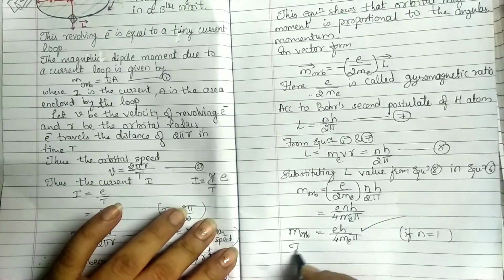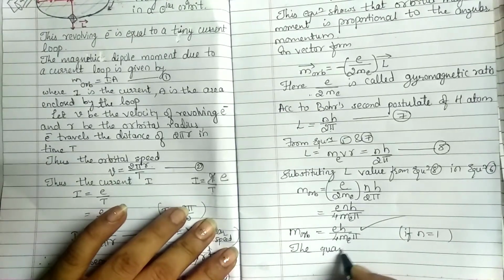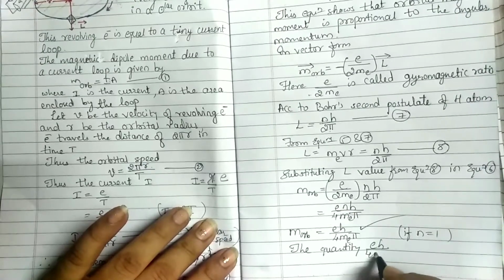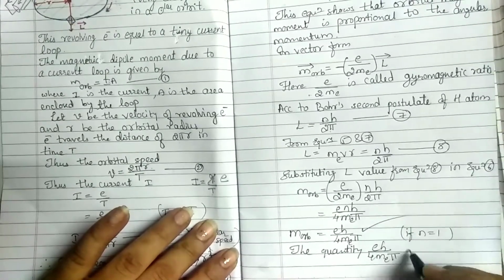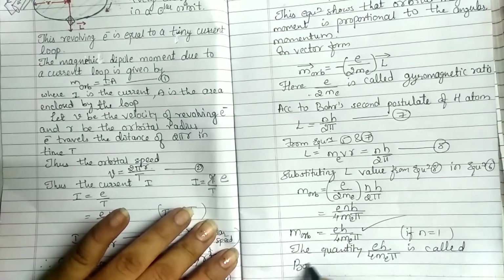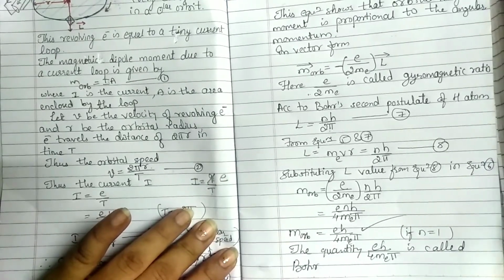So you can conclude the quantity Eh by 4 me pi is called, very very important, Bohr magneton.